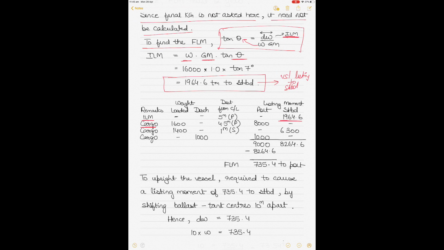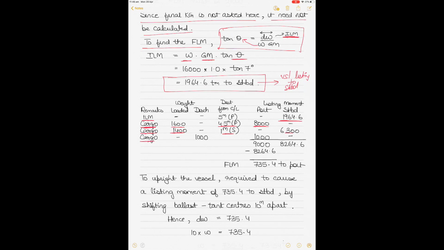Then you carried out the cargo operations. You loaded 1600 tons, 4.5 meters to port, which gives you a port listing moment. You loaded 1400 tons, 5 meters to starboard, which gives you a starboard listing moment.